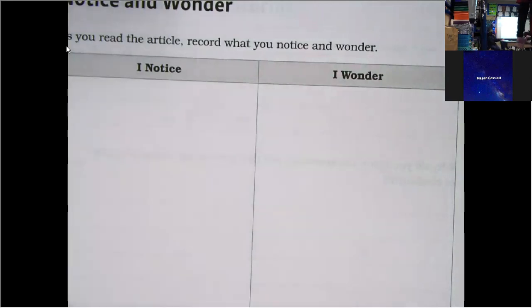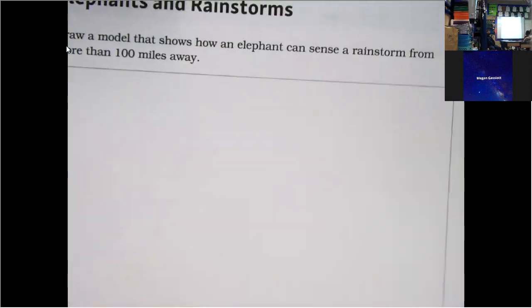I'll put my notebook up here. So turn to page 4.